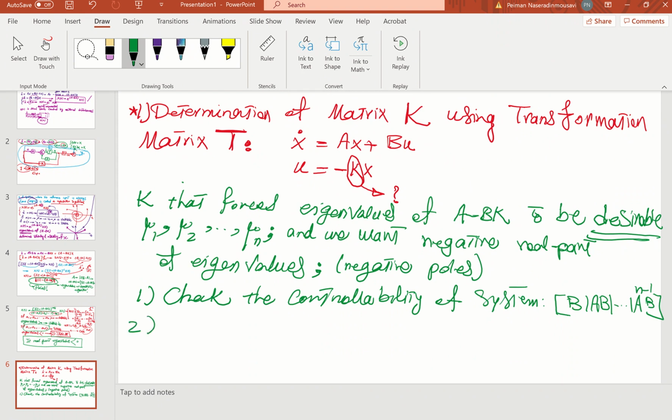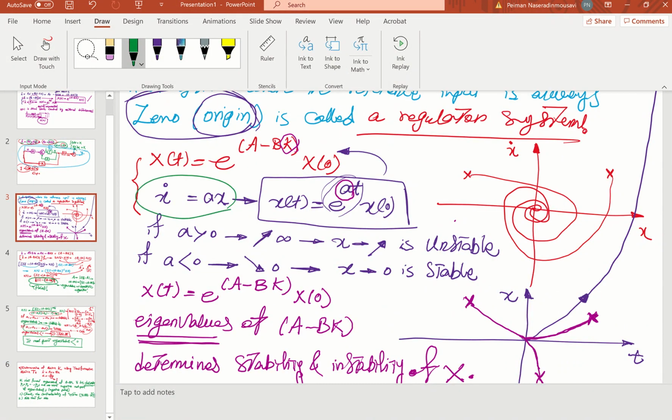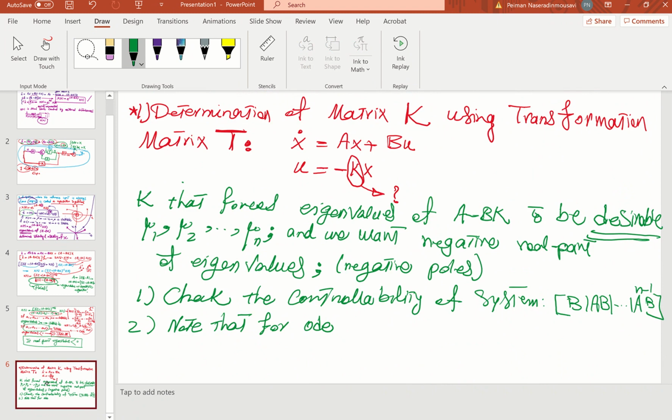Step 2. Note that, as I taught today, for ODE, ordinary differential equation, see, as I did today, for this equation, we are solving for, remember, a e^(s1 t), e^(s2 t), which means scalar exponential terms.